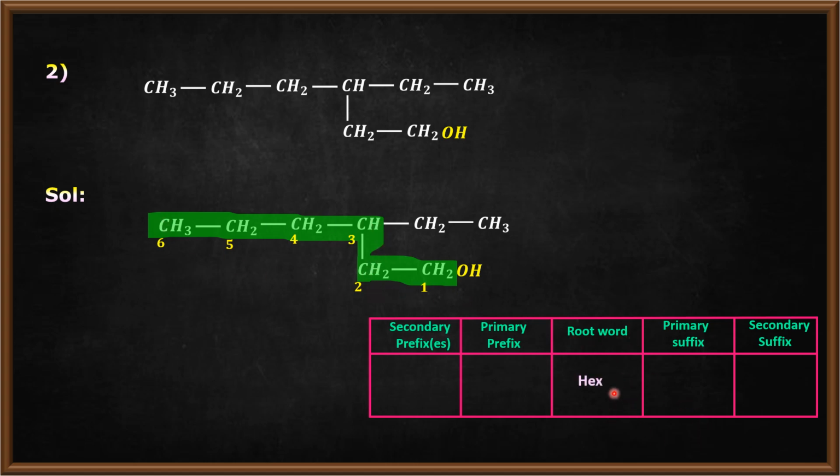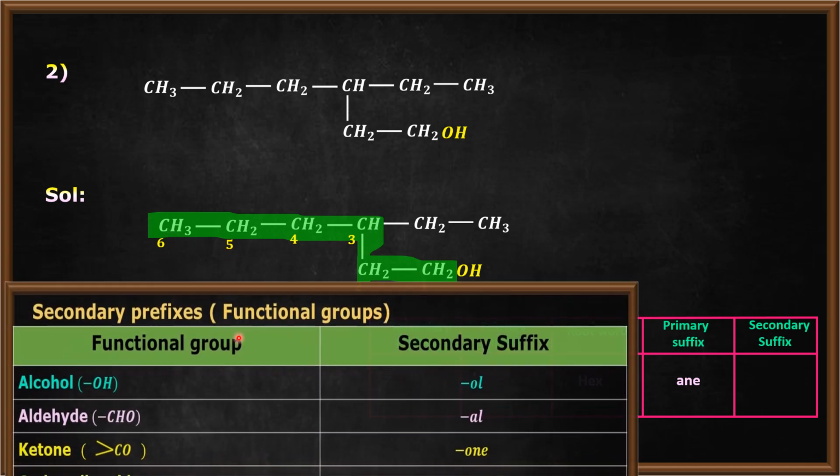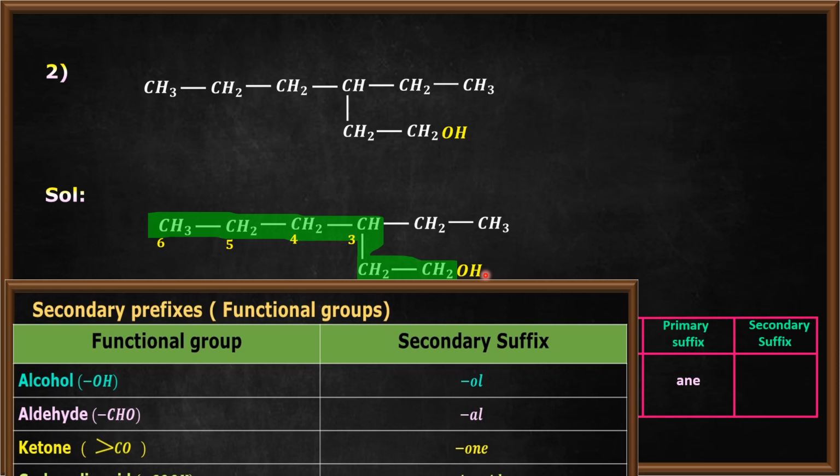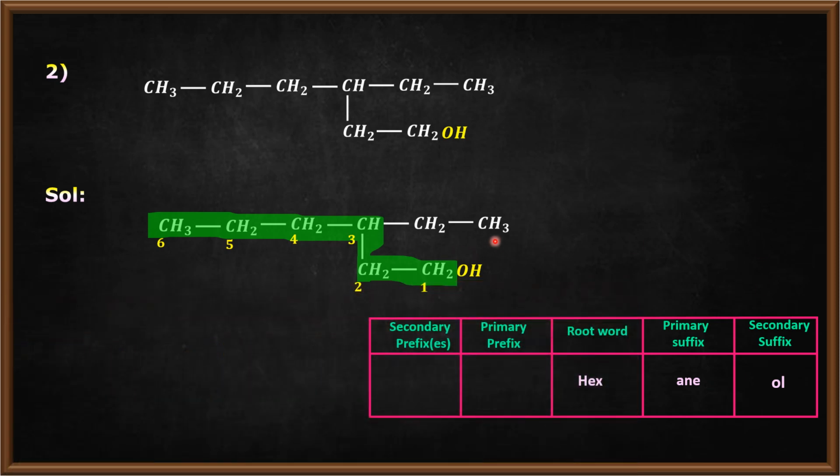The root word is hex, primary suffix is ane. Why? Because only carbon single bonds are there in this parent chain. And secondary suffix, you can see here, the OH group is attached to the first carbon atom, alcohol. So the secondary suffix for the functional group alcohol is ol. And the third carbon atom is attached to an ethyl group.